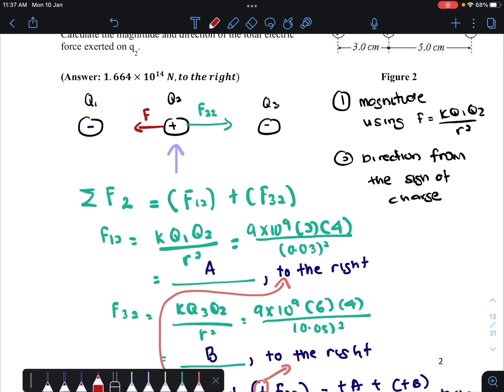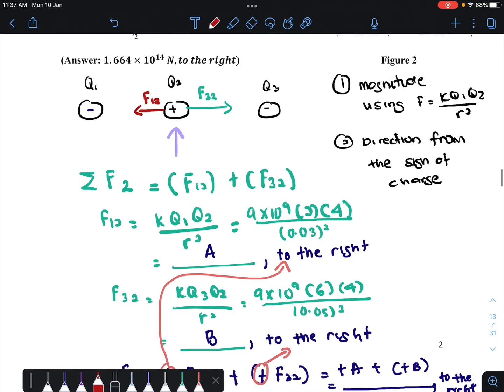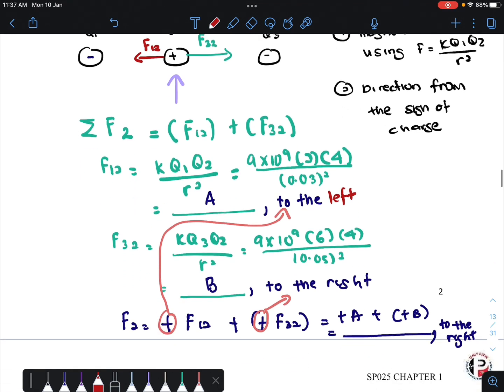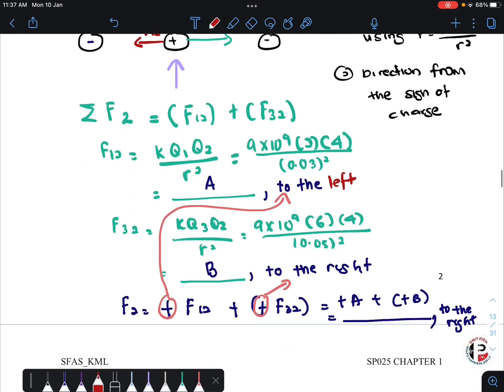Therefore, the force on Q2 will move towards Q1, so I am going to have it to the left. In terms of magnitude it is still the same, unchanged. The magnitude does not change here. For F12, the magnitude is still the same. It is just that the direction changes because it is now negative, to the left. This is an example where I change the charge, so it goes to the left.